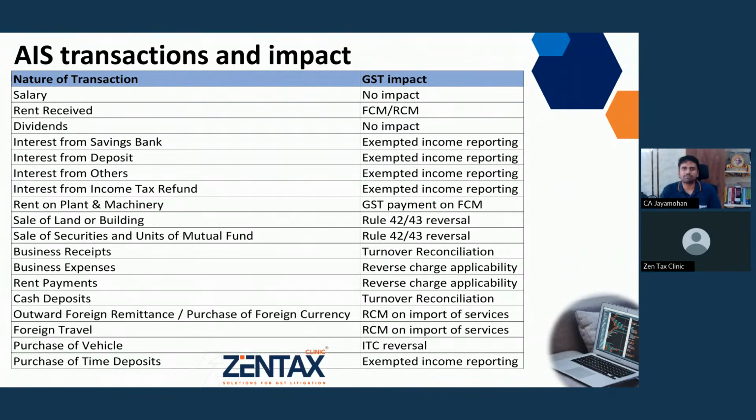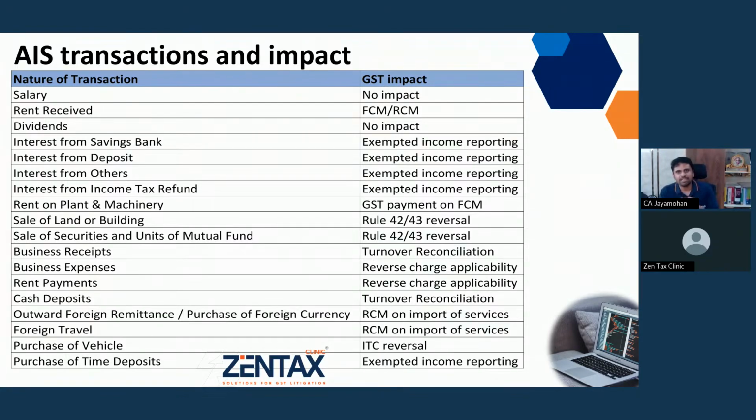It might trigger some ITC reversal. There are two transactions. Explanation to Rule 45 says that as per section 17 subsection 3, if you are calculating ITC reversal for Rule 42 and Rule 43, then for transactions such as sale of land or building or sale of immovable property and sale of securities, a certain value should be considered as an exempted supply.